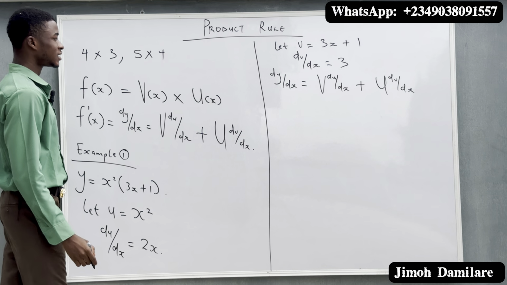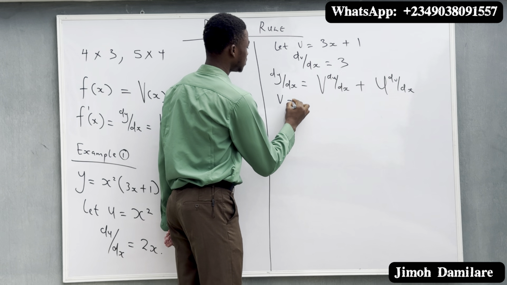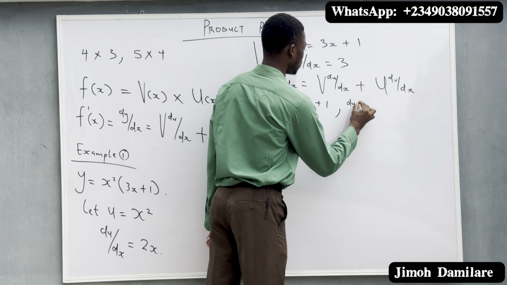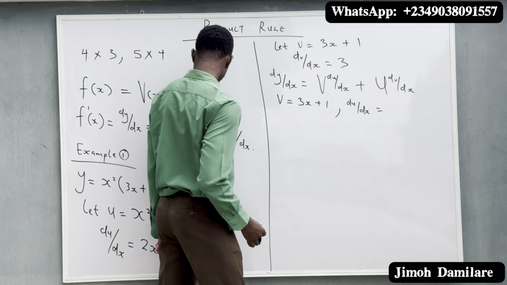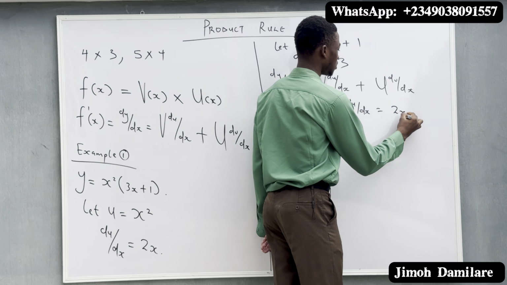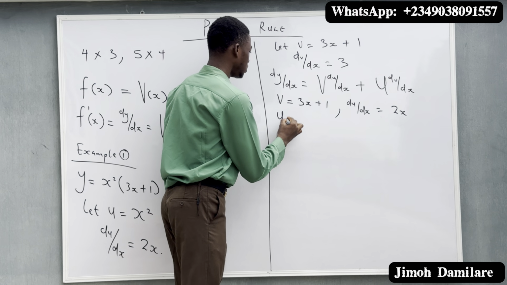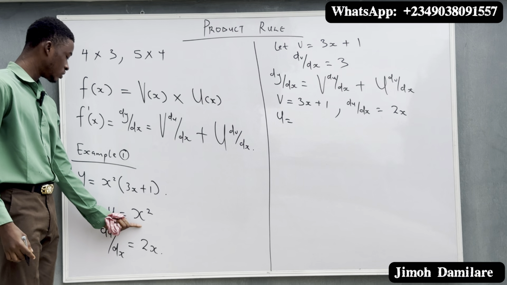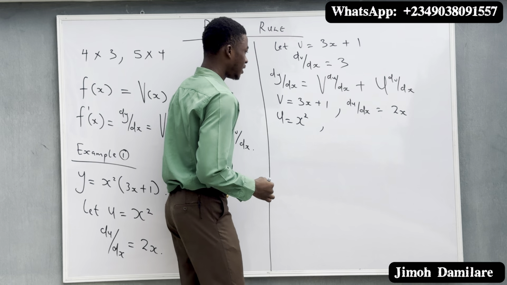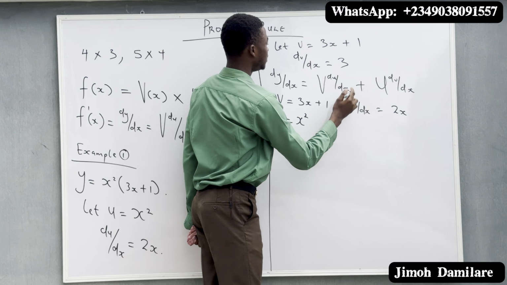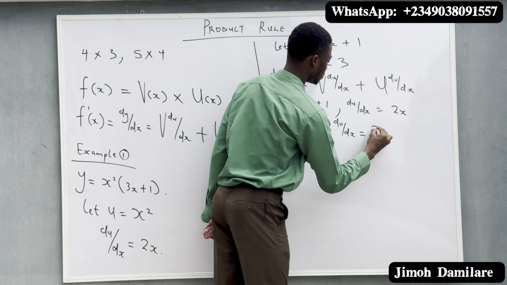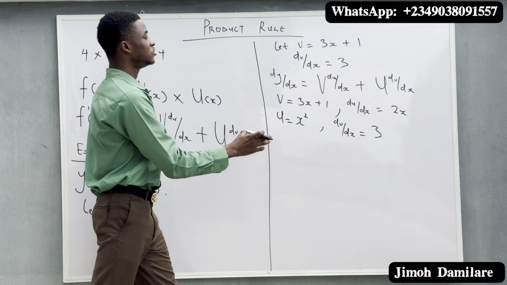So in solving this, we know that our v is equal to 3x plus 1, and we know that our du over dx is equal to 2x. And also we know that our u is equal to x squared. And the next step is dv over dx, so our dv over dx is equal to 3.